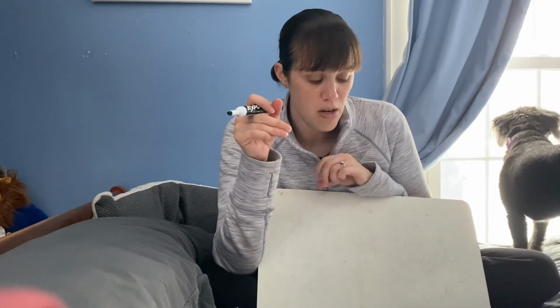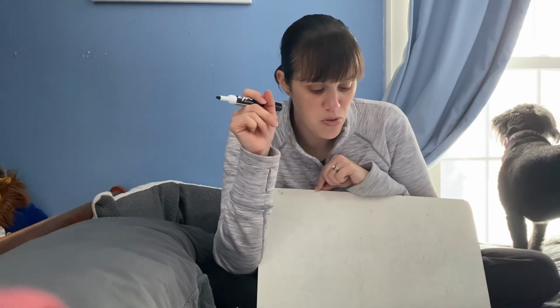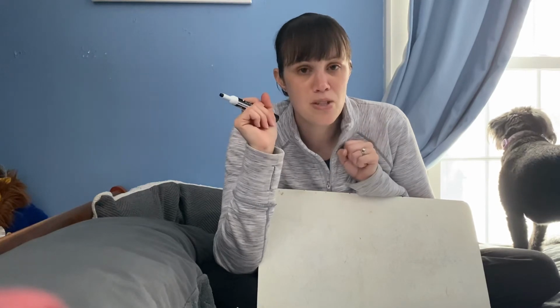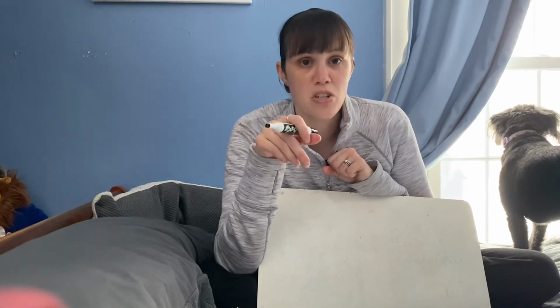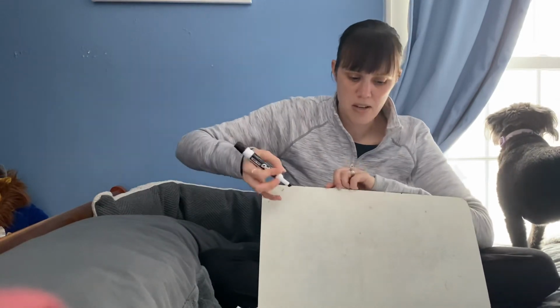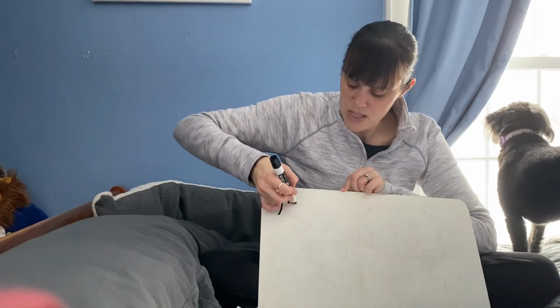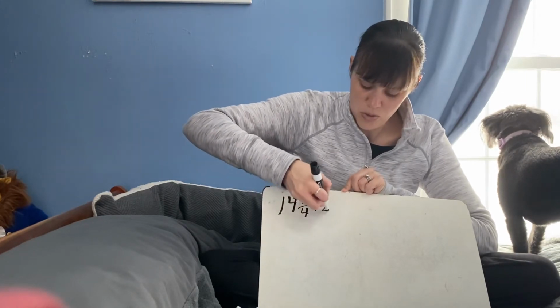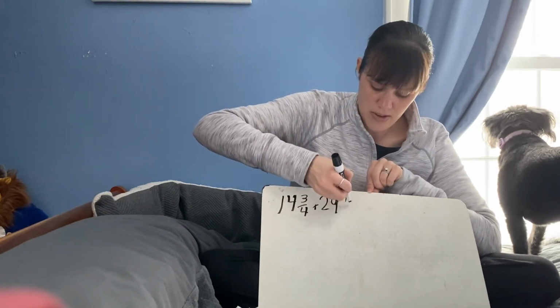So we're going to skip down to number 4. It says use benchmark numbers or mental math to estimate the sum or difference. Well, here, all our mental math people, when you look at a fraction, is it closer to this number or this number? This is where you can really shine. We have 14 3/4 plus 29 11/12.